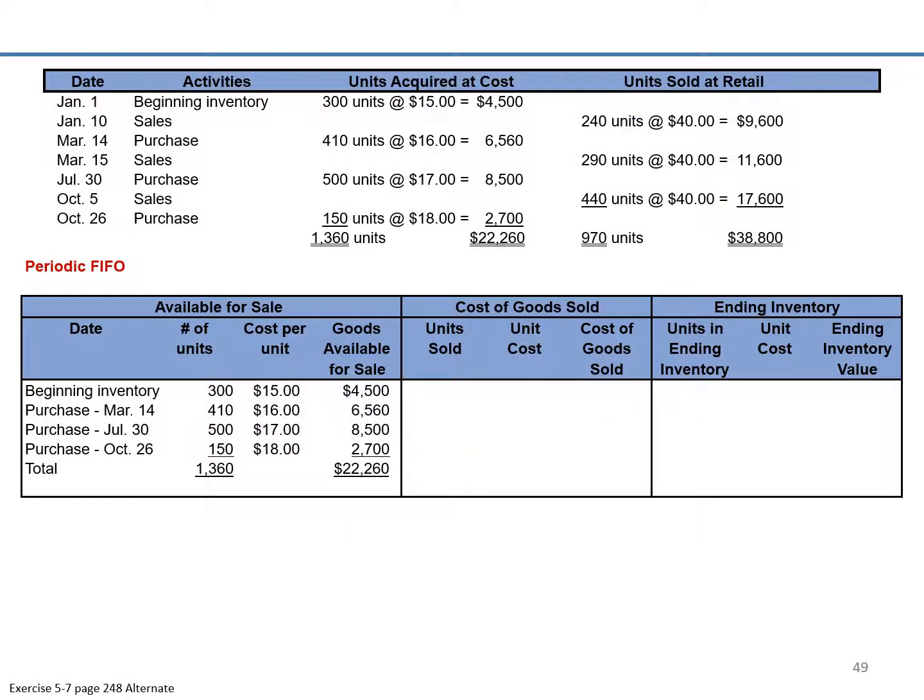All right, so under periodic FIFO, we're going to sell our first units first. In this case, we know we've sold a total of 970 units.